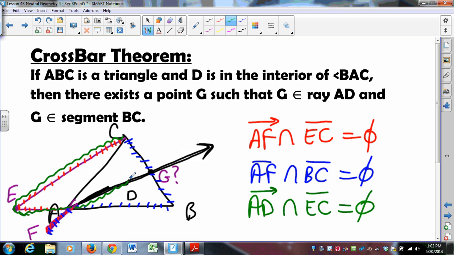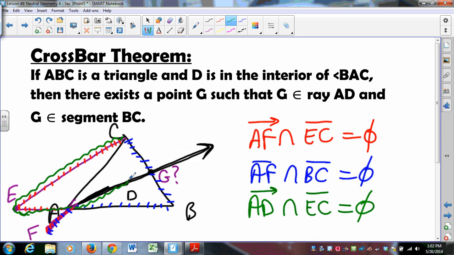And I'll let you think about why that is true. But if we get a Z that way, we show that AD cannot intersect EC. That's the way that goes. E and D... Oh, no, that's not true.